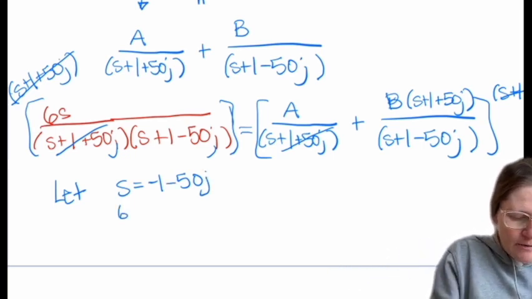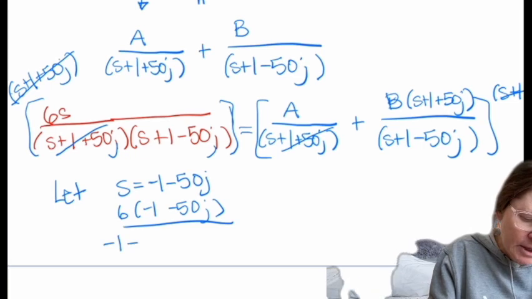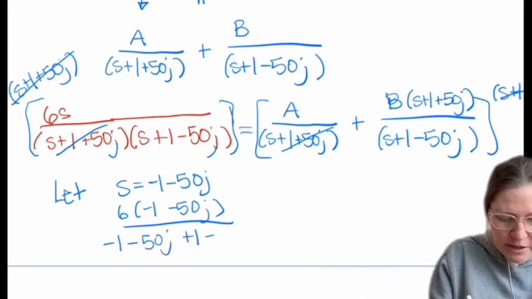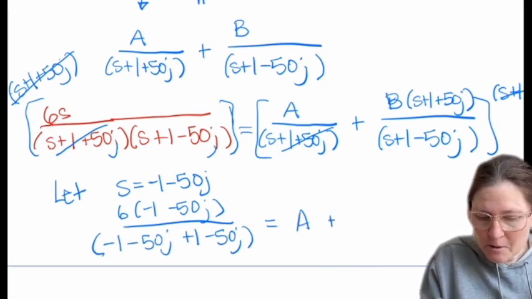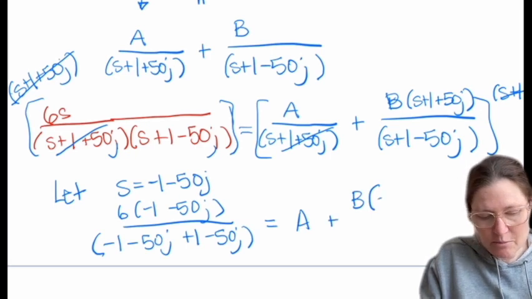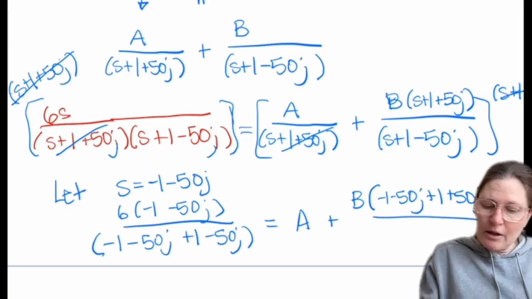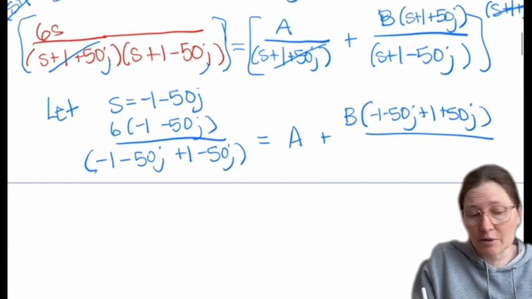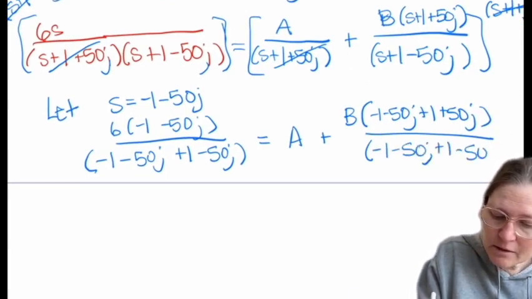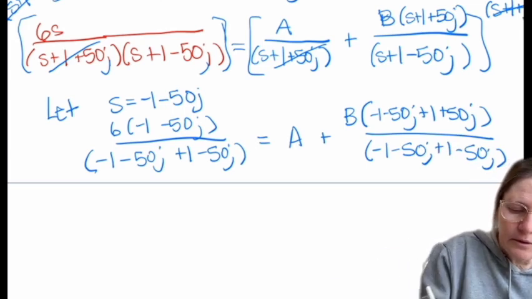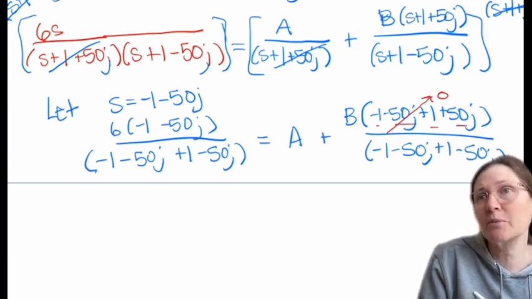And plug that in, we have s times minus 1 minus 50j all over minus 1 minus 50j plus 1 minus 50j on the left. On the right, we have A plus B times minus 1 minus 50j plus 1 plus 50j. We notice that the B term goes to 0, since you have minus 1 plus 1 and minus 50j plus 50j.